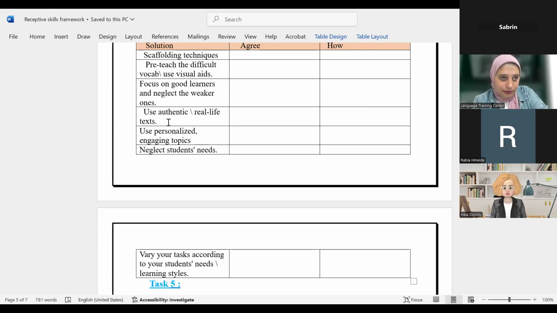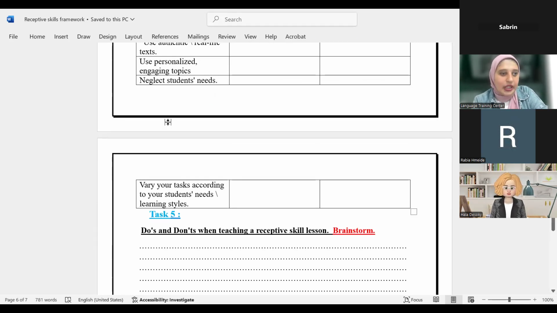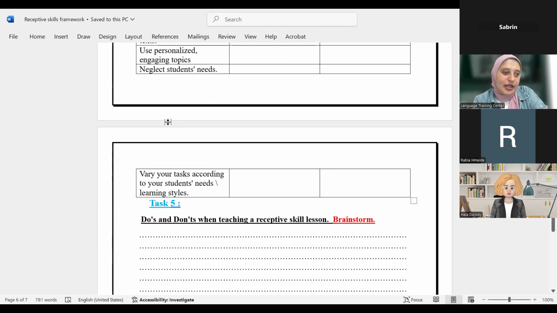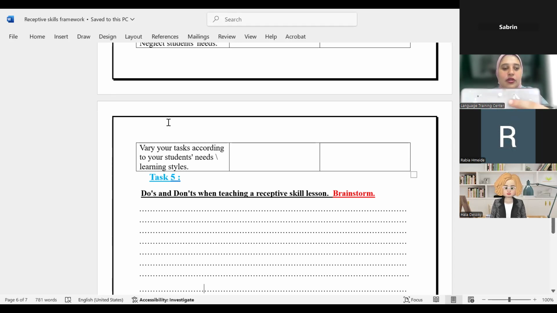Yeah, we agree. Nice. Neglecting the students' needs. Disagree. No. Vary your tasks according to your students' needs and learning styles. So how can you do so inside the classroom? The last one, varying your tasks according to your students' levels.